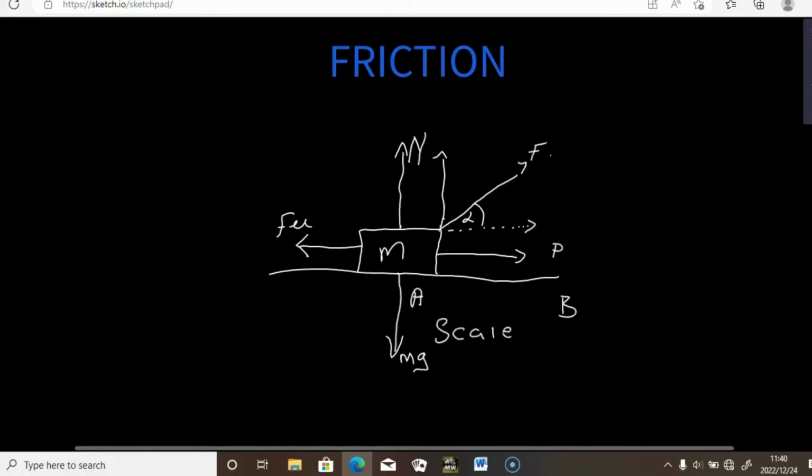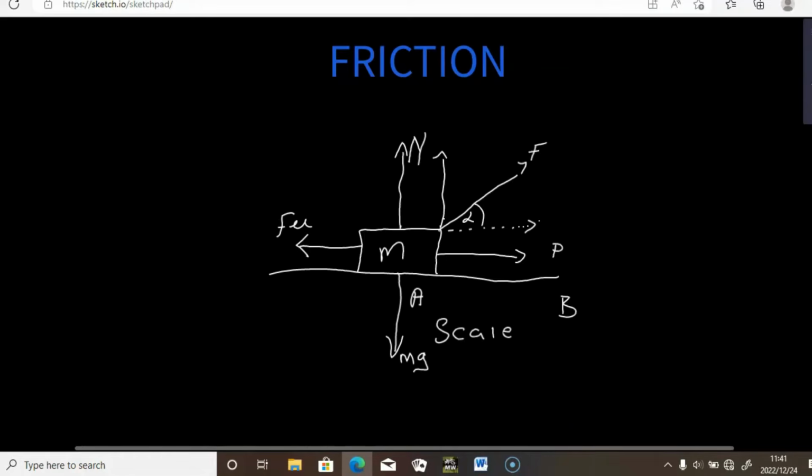But if we apply this force, the reading on the scale will change while this block is moving from point A to point B. The reason is because this force has a lifting effect, which is the component that is perpendicular to the ground. And now we have to get the values of each component.